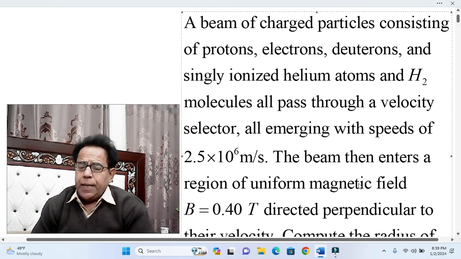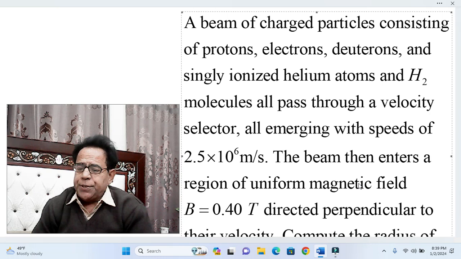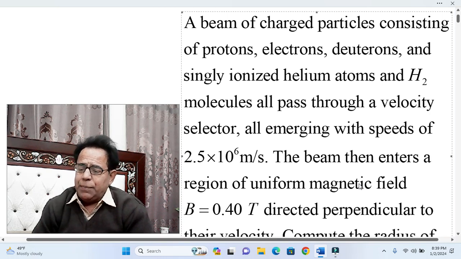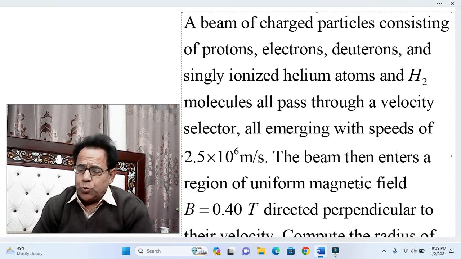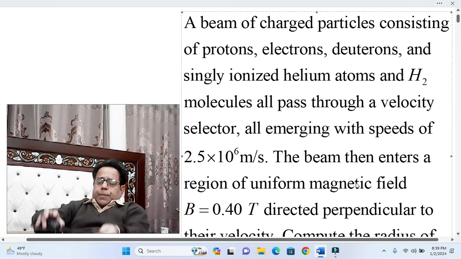A beam of charged particles consisting of protons, electrons, deuterons, singly ionized helium atoms and hydrogen molecules all pass through a velocity selector, all emerging with speeds of 2.5 × 10^6 meter per second.